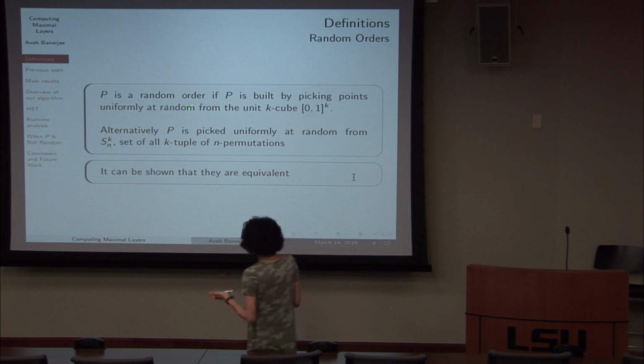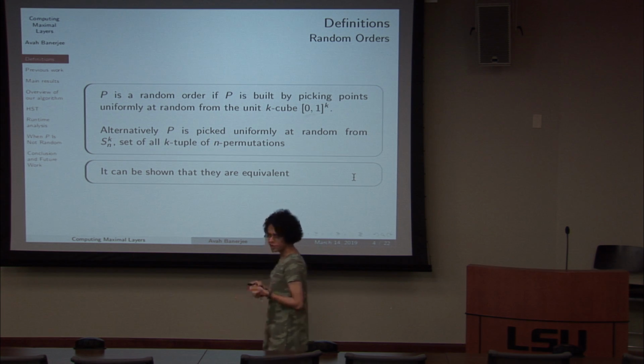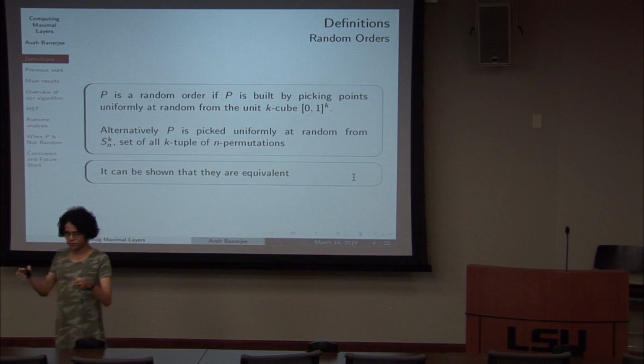Okay, so P is a random order if P is built by picking points uniformly at random from the unit K cube. So you can think of each dimension spanning from 0 to 1. And by the way you choose a point is for each of its components, you pick a value between 0 and 1 uniformly and independently from the other dimensions.